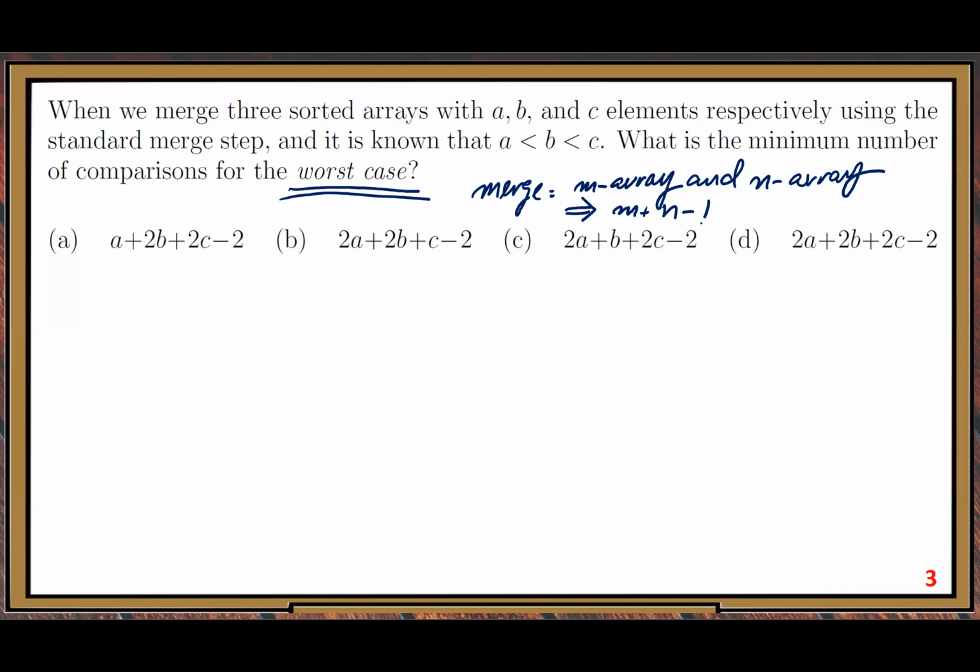Because the constant part is the same, when we do comparison, we can ignore the constant part. They all have minus 2 constant part. We can ignore that.